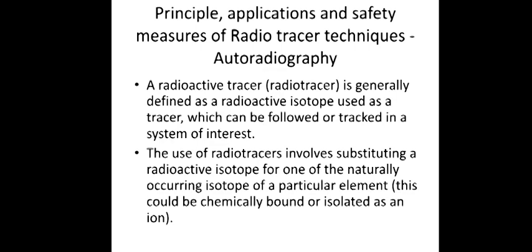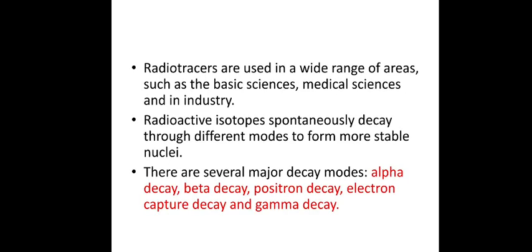So you are actually tracing the radioactive element. You are following the radioactive element. You are seeing where it goes, how long it stays, and what its concentration is, because this will always be proportional to the element of your interest. These radiotracers are used in a wide range of areas, like basic sciences, medical sciences, as well as industry.